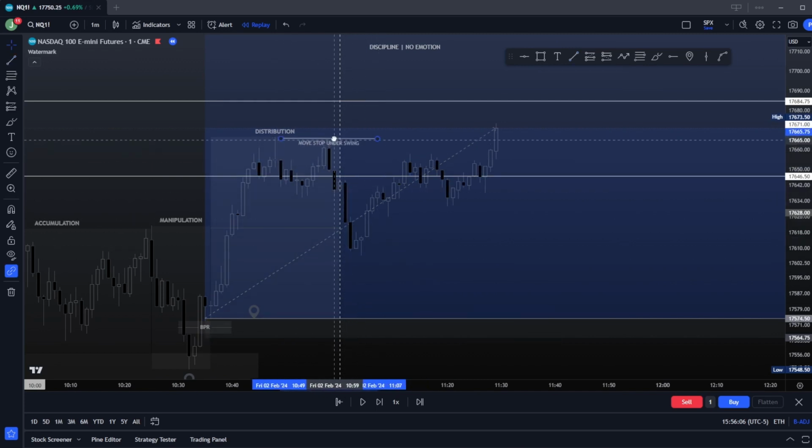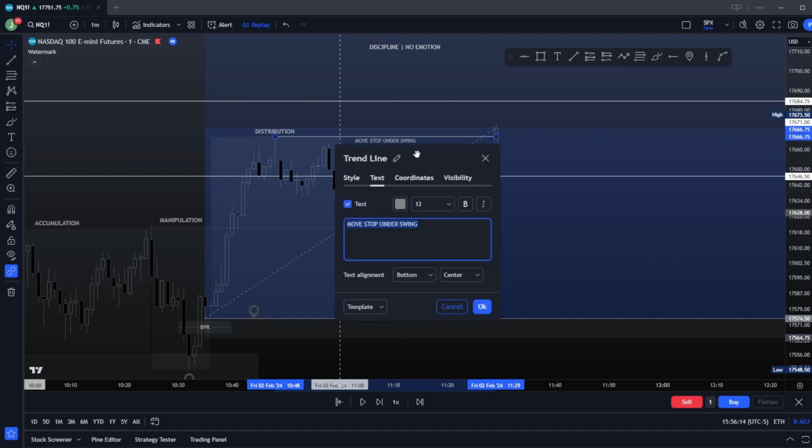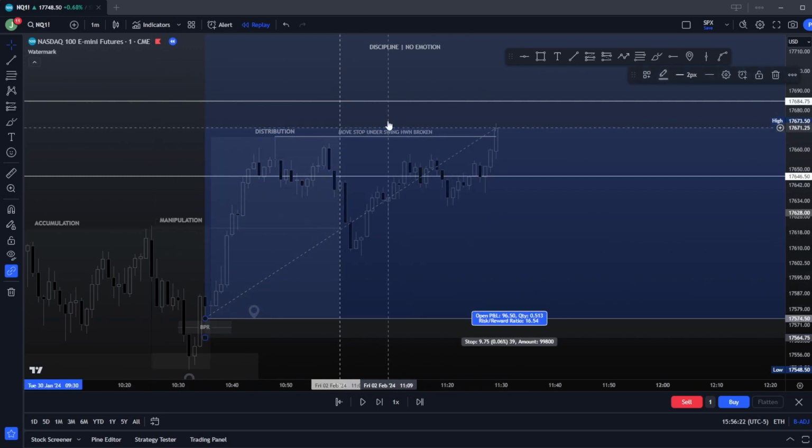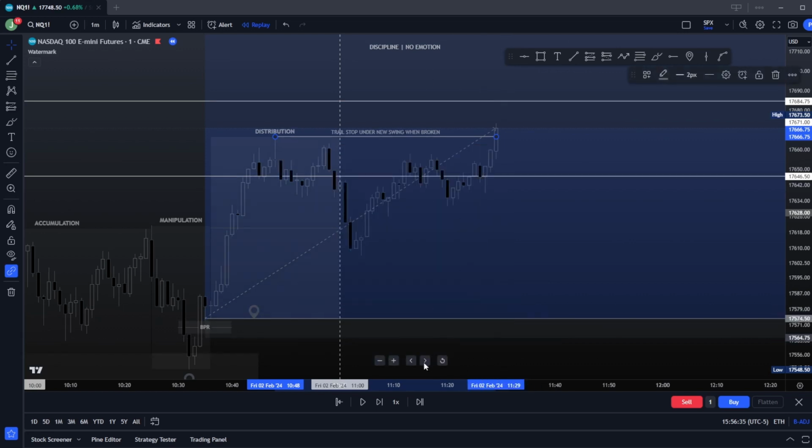Actually, I'll put this right here. We'll say trail stop under new swing when broken.